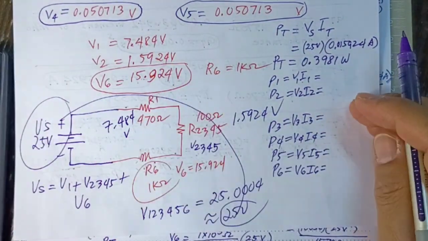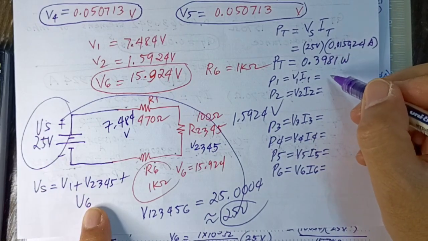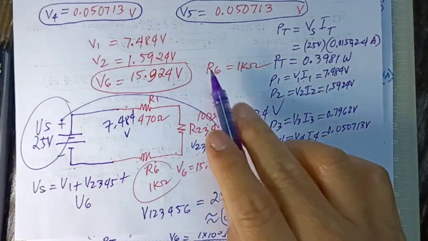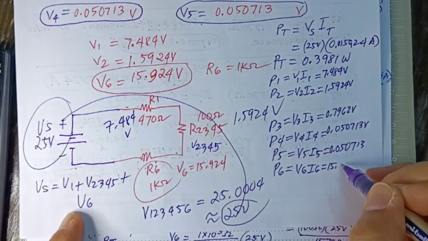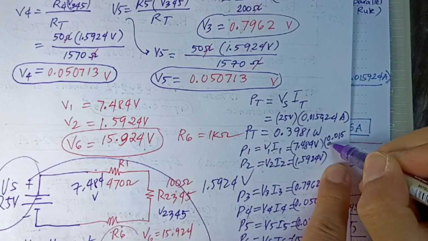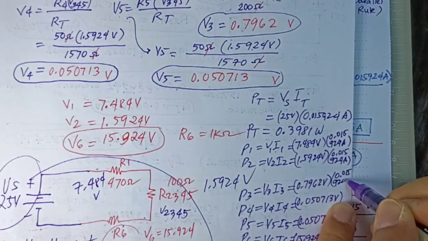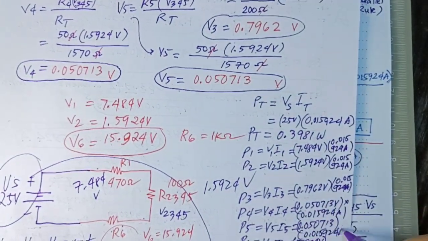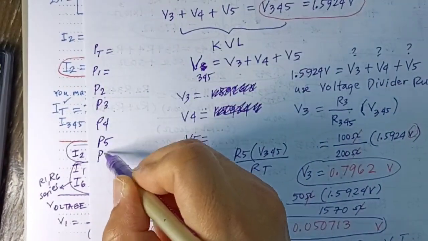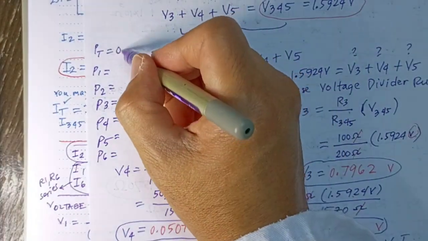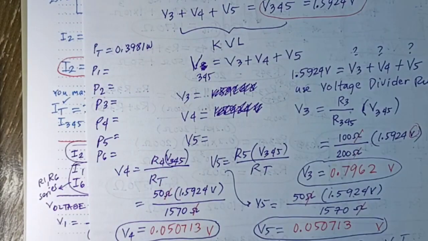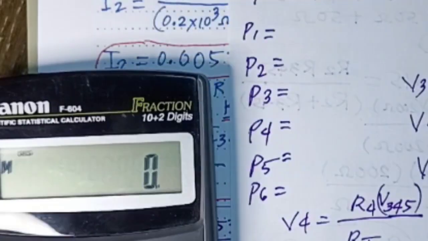Here we have the V1 7.484. Let me write all of them. We already get here 0.3981. Now let's try the others.